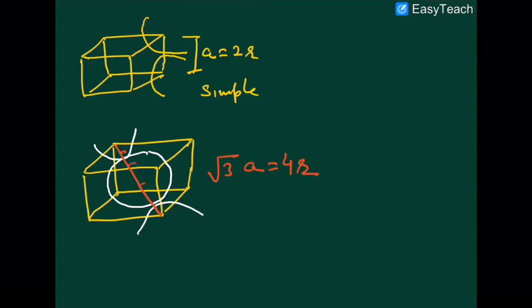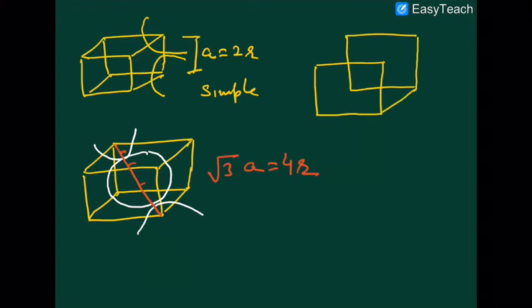Okay. And in case of FCC, what happens? In case of FCC, you can easily see there is one atom at the face and others at corners. You can draw like that also.